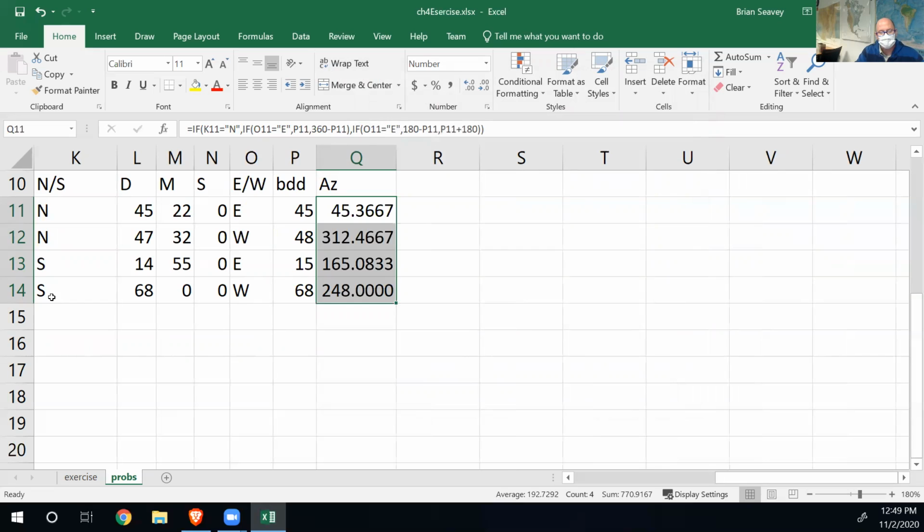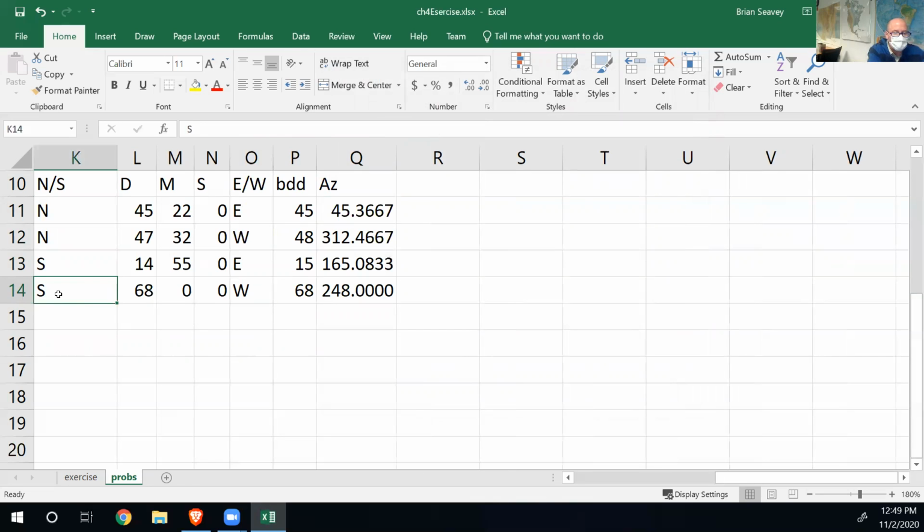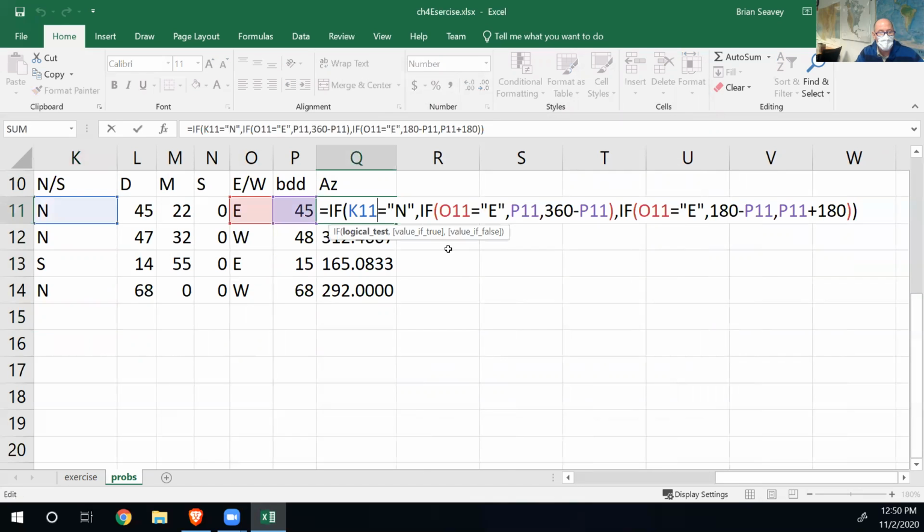Is it south 68 degrees west? No, it's not. It's north 68 degrees west. So northwest is 292, isn't it? Or maybe I got some other ones wrong. So northwest, oh, BC is not right either. So BC should be southeast.